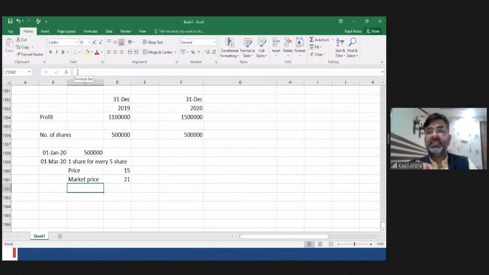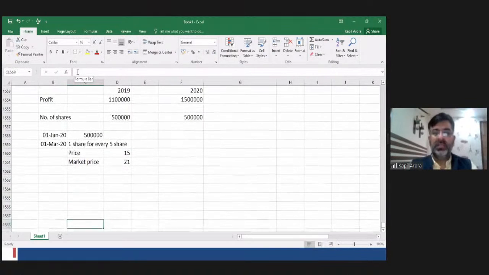But in this case, instead of giving bonus in the form of shares, I am giving bonus in the form of amount, which is 6 rupees discount. That 6 rupees is going as a benefit to the existing shareholder. How do we find out that benefit? That's something we need to understand here.